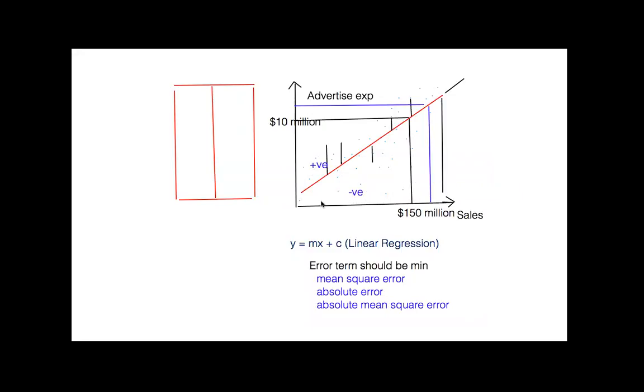So with these error terms, all the positive errors get added, all the negative errors get added, and the summation of that is your error. Summation of the error above the line and below the line will give you the error. Now, mean square: there is a problem with this error term.